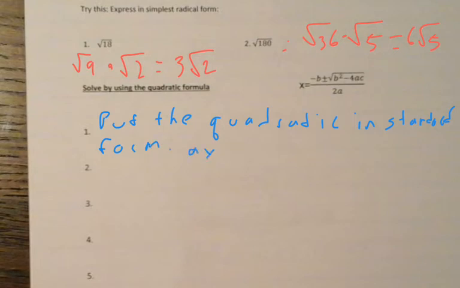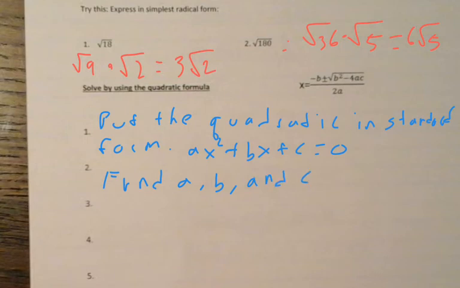That's ax squared plus bx plus c equals 0. So number 2, our next step is to find a, b, and c. 3, we plug it into the formula.